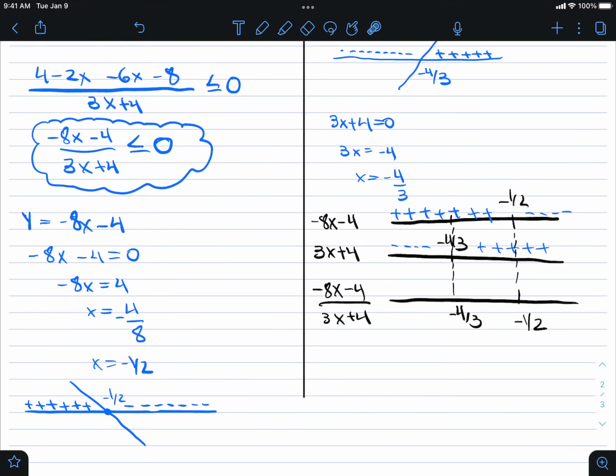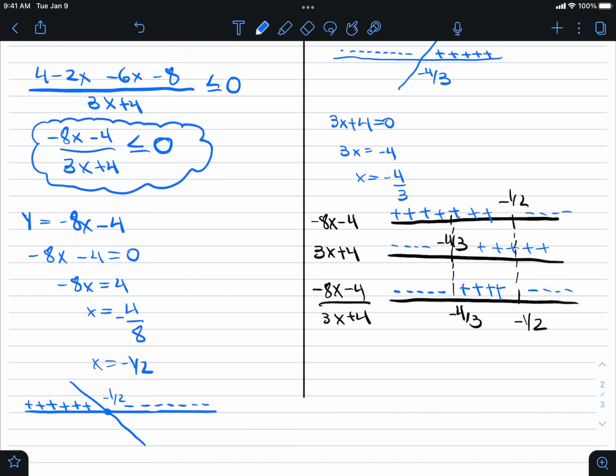So what happens when I divide this by this? I'm dividing a positive by a negative, so my answer will be a negative. Here I'm dividing a positive by a positive, so the answer is a positive. And here I'm dividing a negative by a positive, so here the answer is a negative.